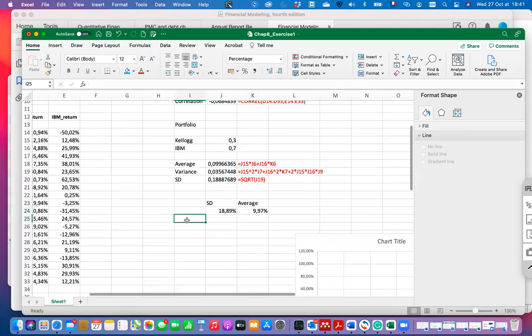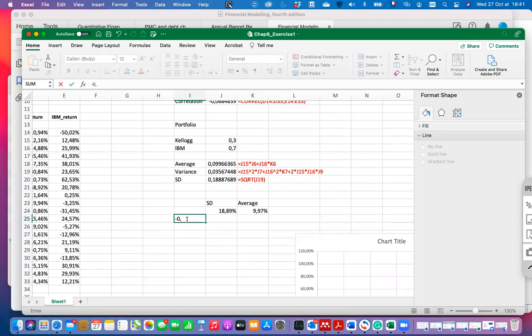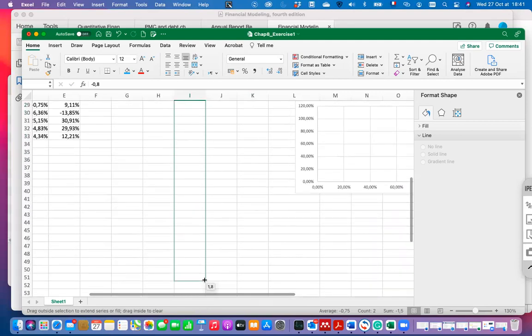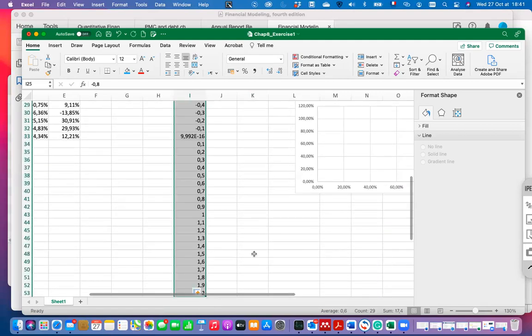So I can start, for example, from -0.8 and add 0.1 each time. So 0.7. Sorry. Then I will select these two numbers, then scroll it down until reaching, for example, 2.